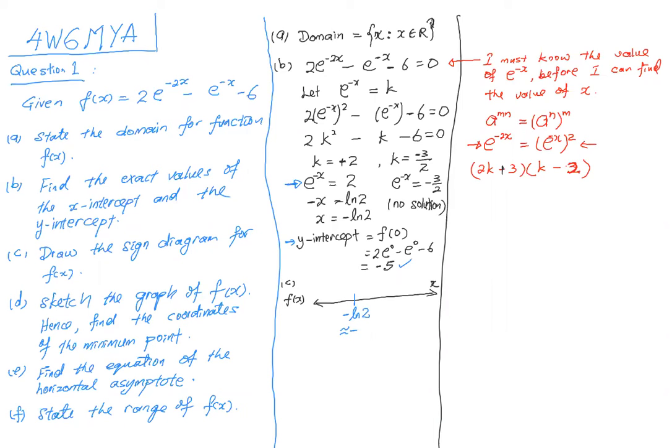Negative 0.693. Yes, thank you. Why do I have to get the approximate value? Because I want to test the region, correct? Whether it's positive or negative, am I right? So I key into my calculator.